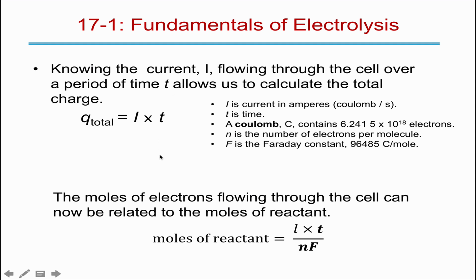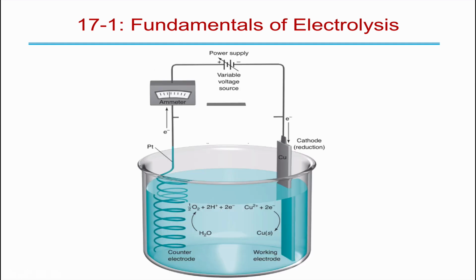The reason we are going to do this is that if we measure current as a function of time, we're essentially measuring the total charge. Q is equal to current times time. And if we divide by the Faraday constant, we can calculate the moles of reactants. So in the previous example, we can figure out how much H plus is produced or how much copper 2 plus is consumed.